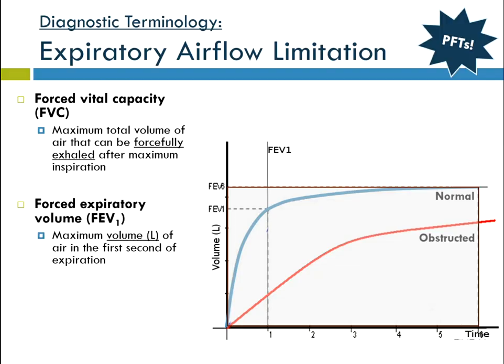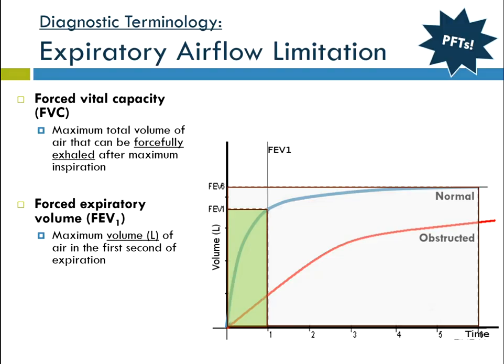Okay. Forced expiratory volume, so FEV1. We think about the volume of air as always in liters. That is the maximum amount of air that you can breathe out in second number 1. So we're going to breathe out for as long as we can. In this example, the patient was able to exhale for a total of 6 seconds.